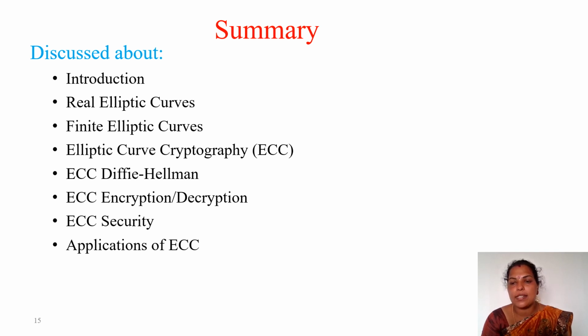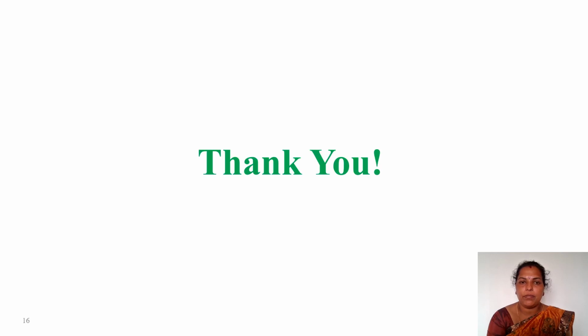Then how the encryption as well as decryption process is performed. Then coming to security, it provides significant security compared to other public key crypto systems, and finally the applications of elliptic curve cryptography.